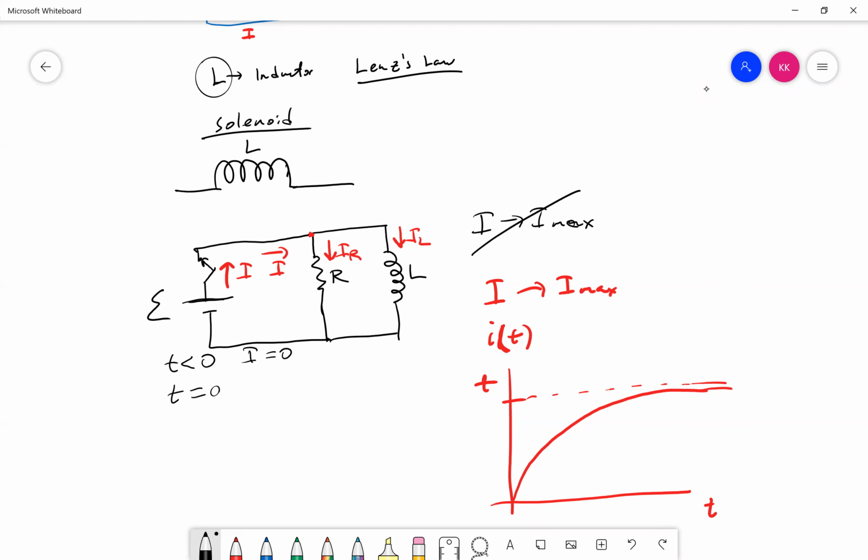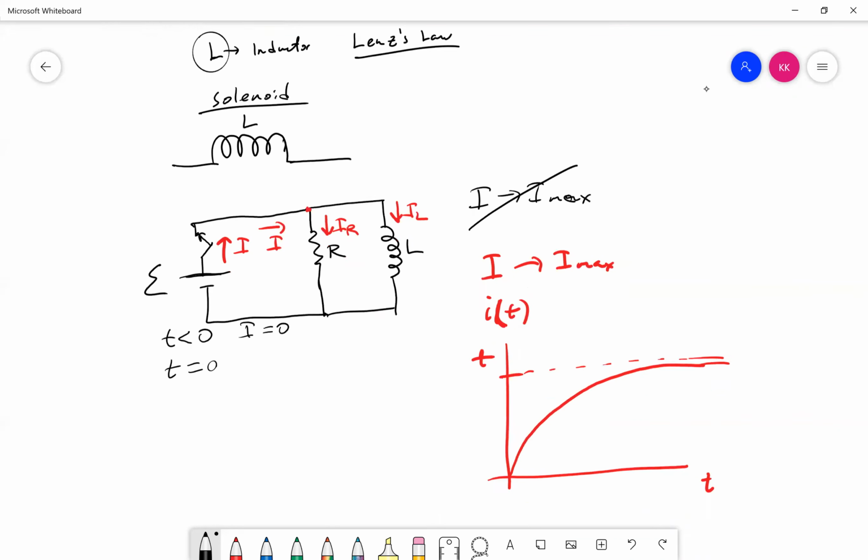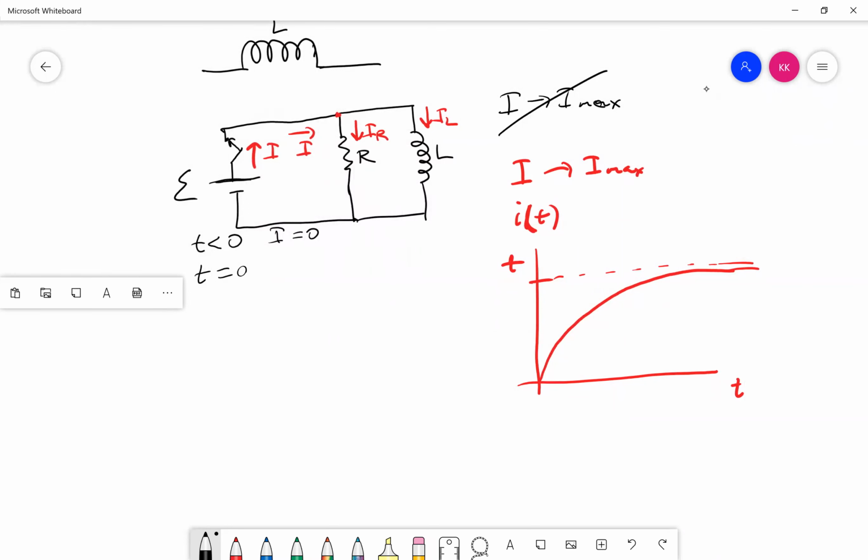And one of the things we're going to be able to do right now is derive an equation for the current. Again, I gave you the graph ahead of time, but we can derive the equation for the current and see for ourselves why it behaves the way I described in the graph.